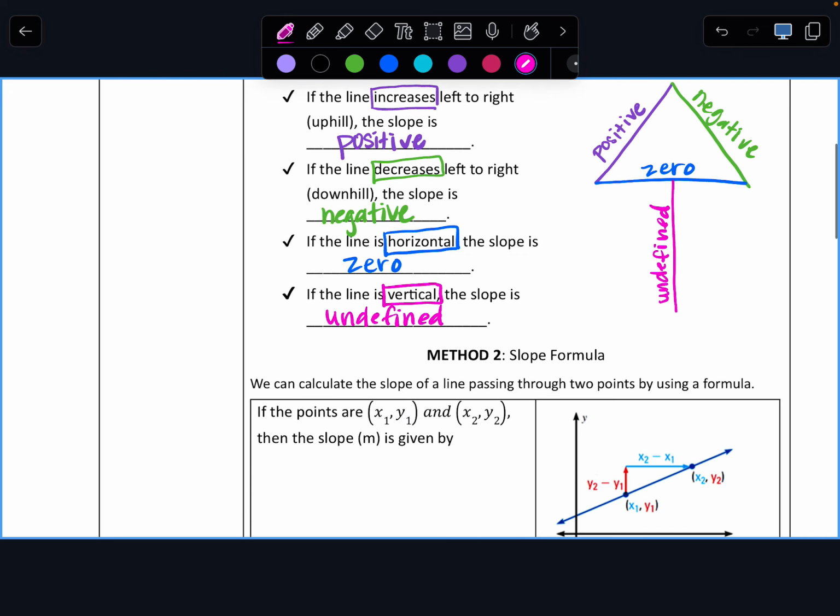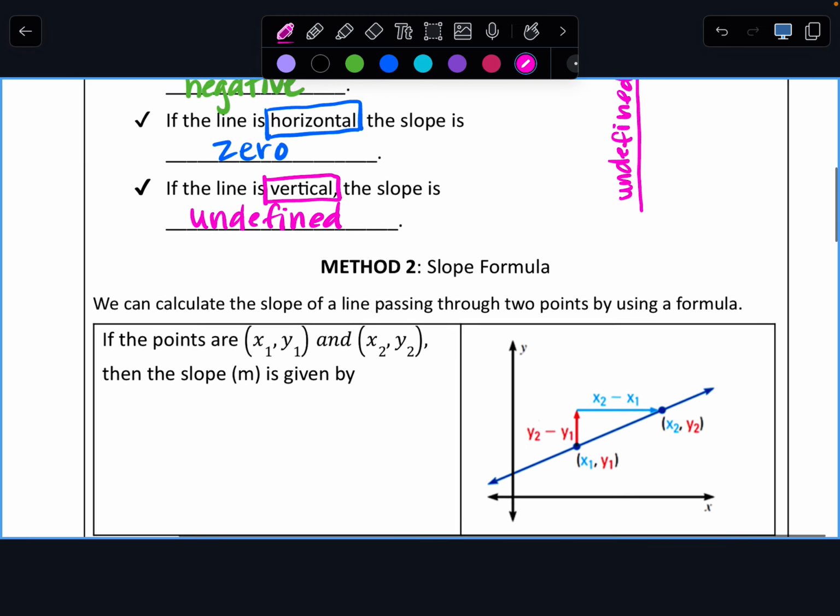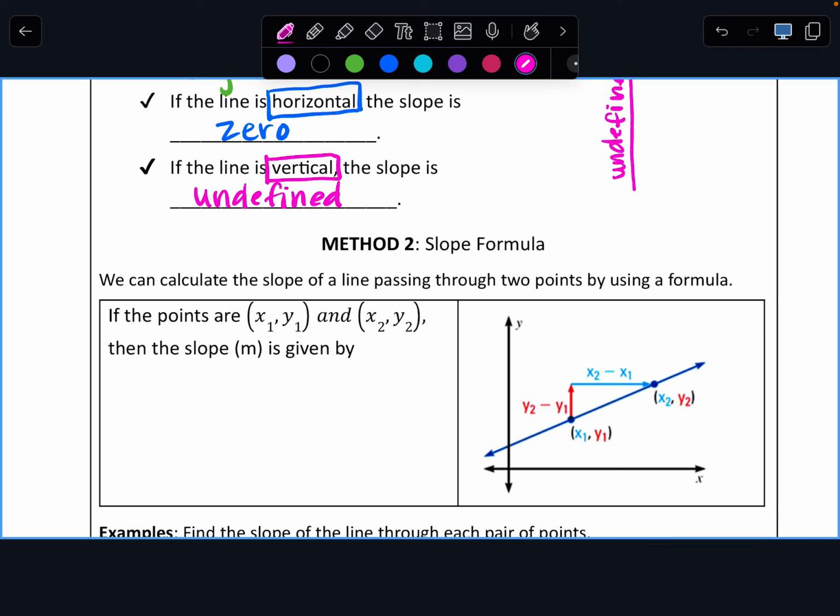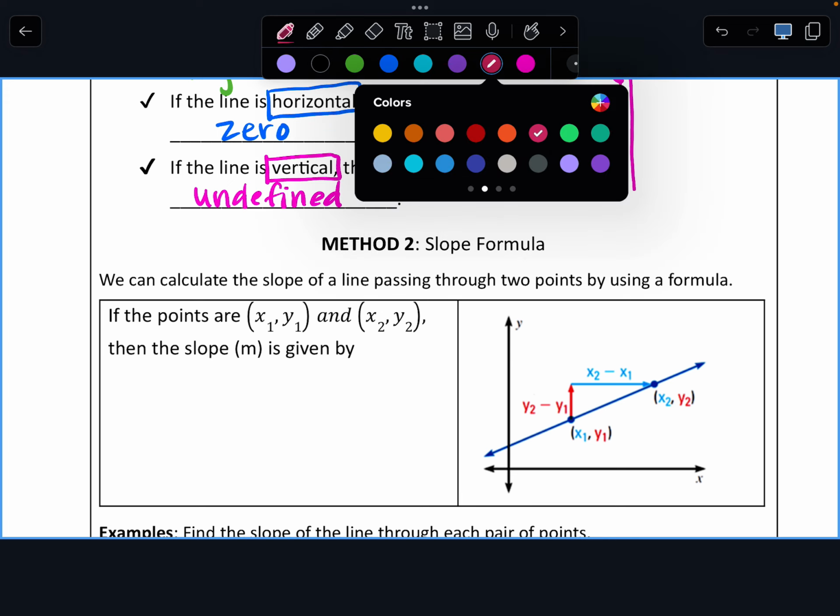So we are going to use the slope formula when given 2 points on a line to find the slope of the line. So here's our formula.